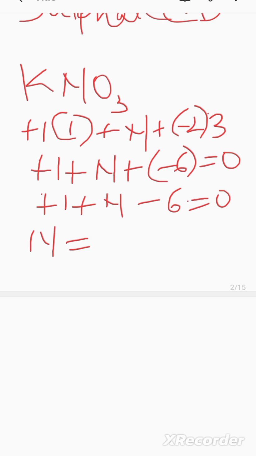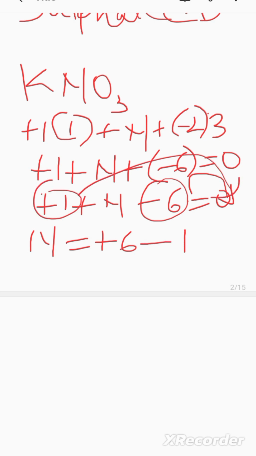This one comes to this side as +6, and this one too comes to this side as -1. So N will be equal to +5. N equals +5.